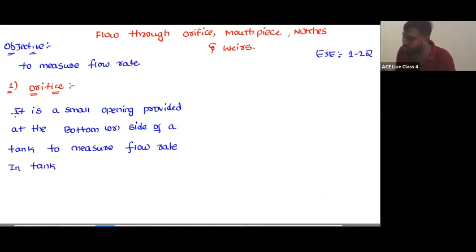So how much flow rate is passing in the tank, you are going to measure by using this orifice. So now let's see how that orifice looks.